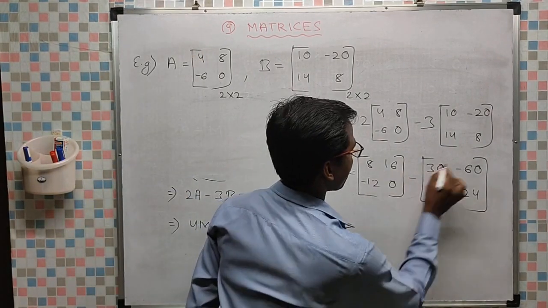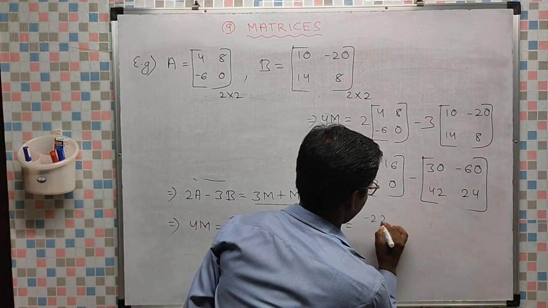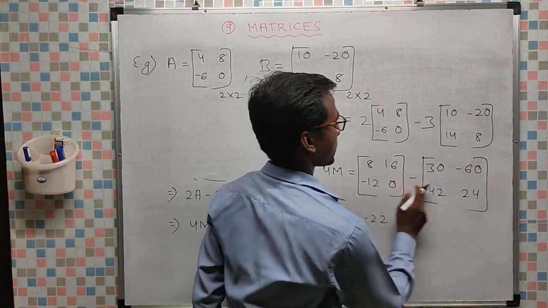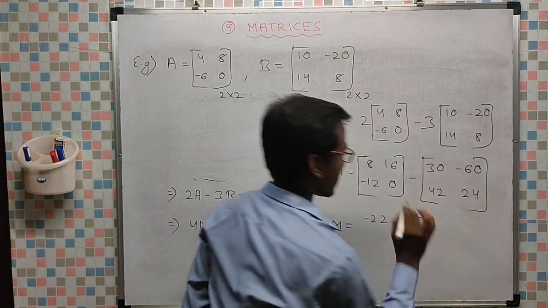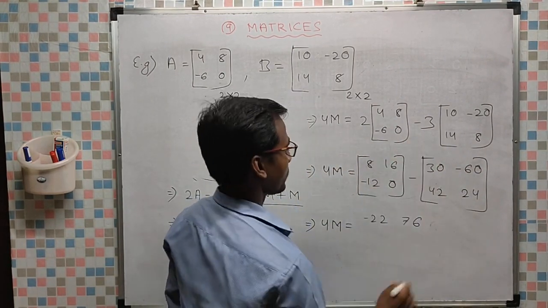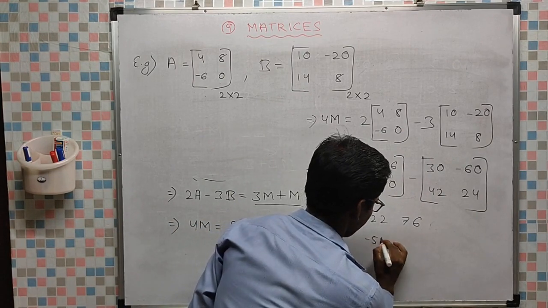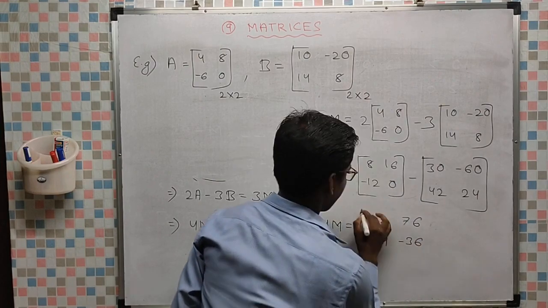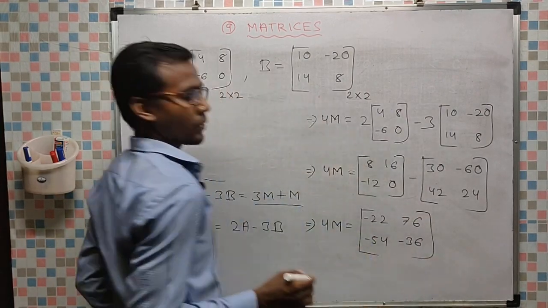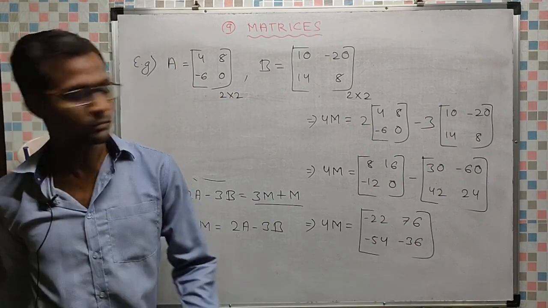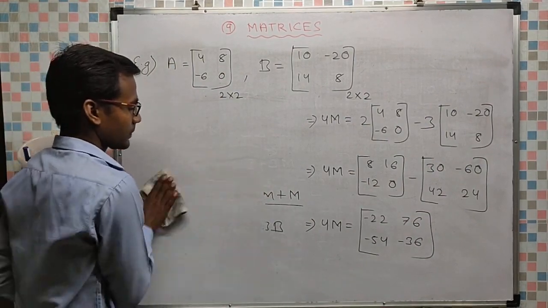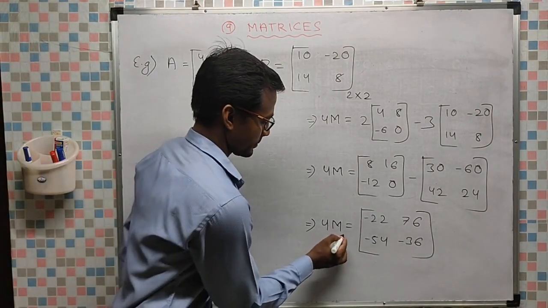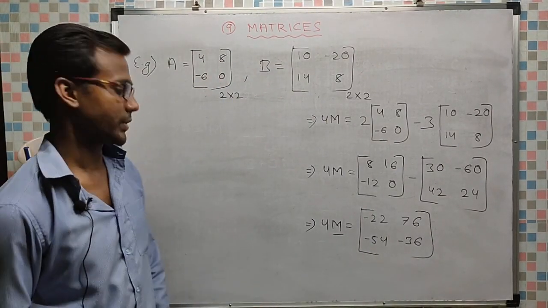So 8 minus 30 is minus 22, 16 minus minus 60, minus minus plus, 16 plus 60 is 76, minus 12 minus 42 is minus 54, minus 12 minus 24 is minus 36. Our next target is M. Almost we are reaching the solution.